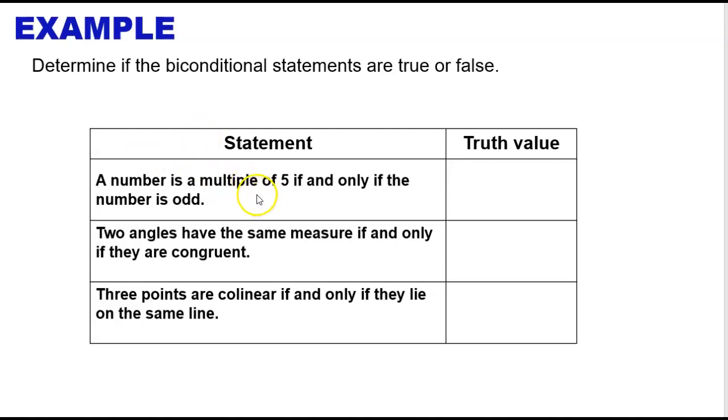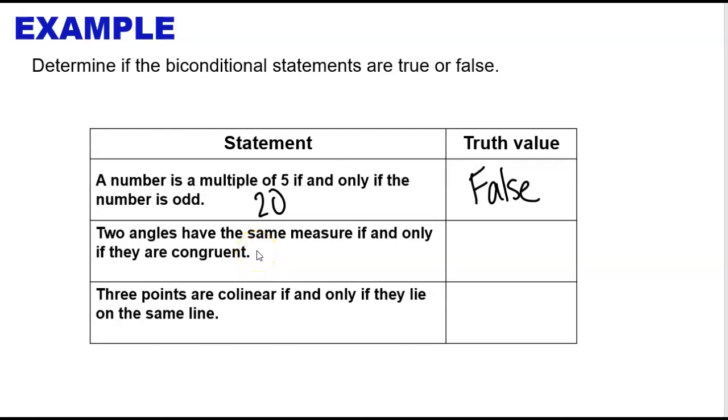Well, what about 20? 20 is a multiple of 5, and it's not odd. So this would be false. And remember, to find the true false value, in order for the statement to be false, you just need to come up with one example. That's it. Okay?